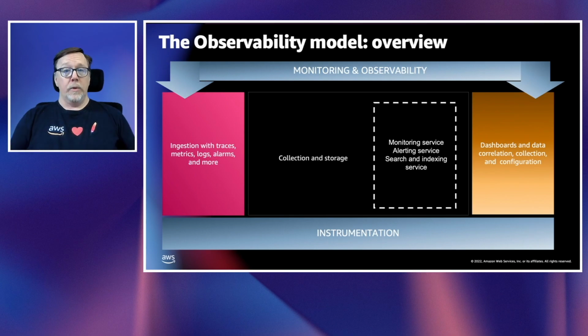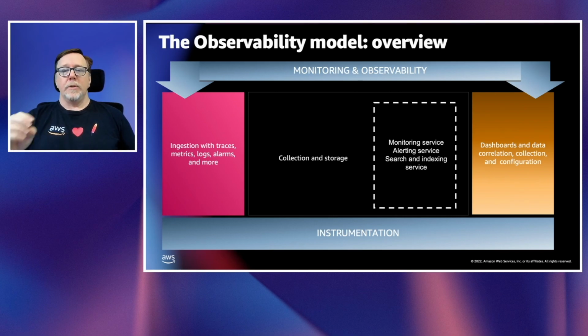At a high level, what you need to accomplish with observability is really an end-to-end pipeline that's going to start out with instrumentation to pull or collect the logs, metrics, and traces into a single stream. That stream, you're going to ingest into some kind of collection and storage layer, and then that storage layer can employ monitoring and alerting for real-time interaction with the underlying data.